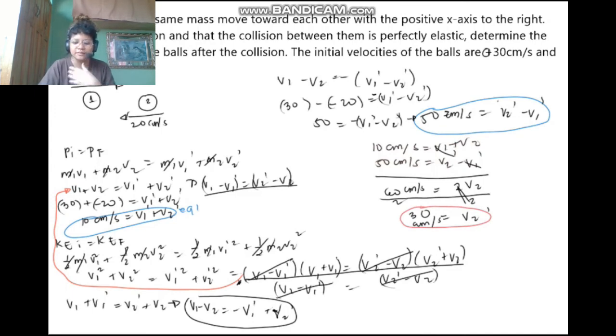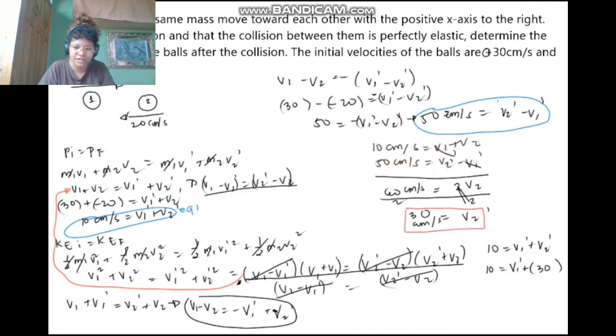To get the final velocity of the first object, we can simply use either equation, but let's use the first equation. We have 10 is equal to v sub 1 prime plus v sub 2 prime. Substituting, 10 centimeters per second is equal to v sub 1 prime, which is what we're looking for, plus v sub 2 prime, which is 30 centimeters per second.